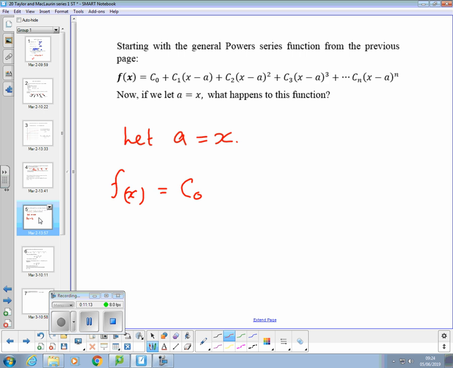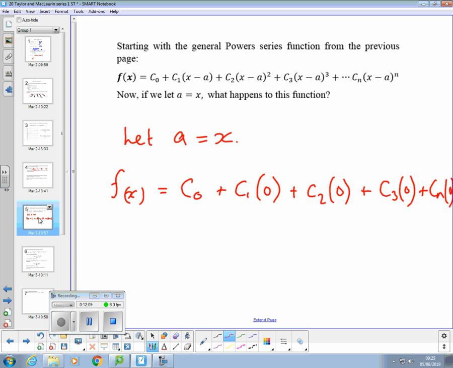C0 plus C1 times 0, because that bit is 0, plus C2 times 0, plus C3 times 0, Cn times 0.